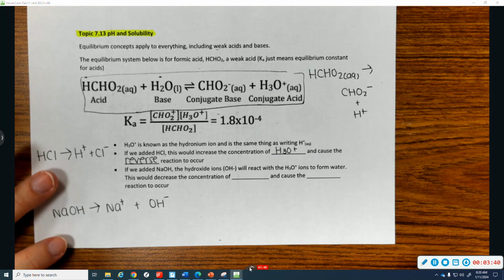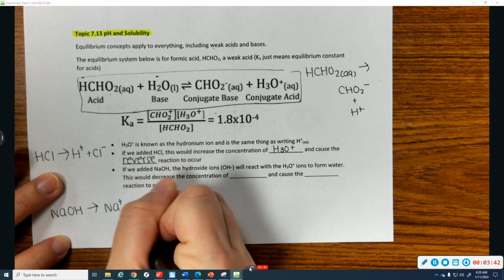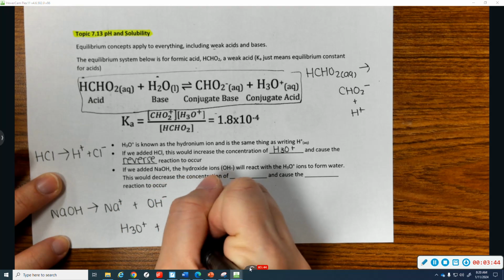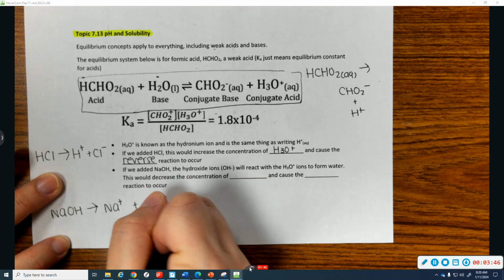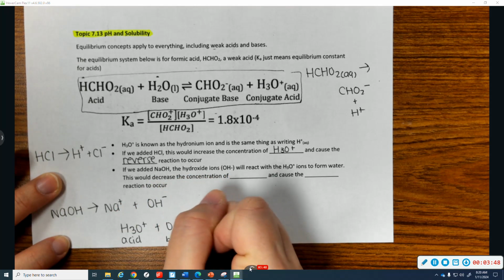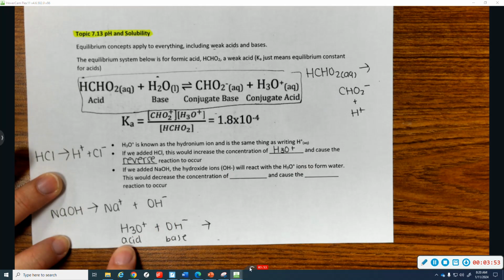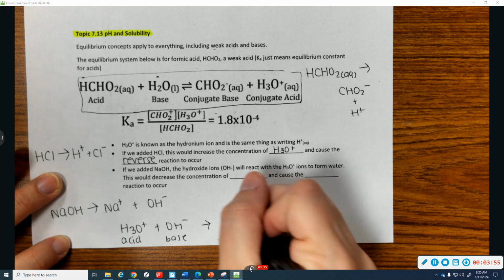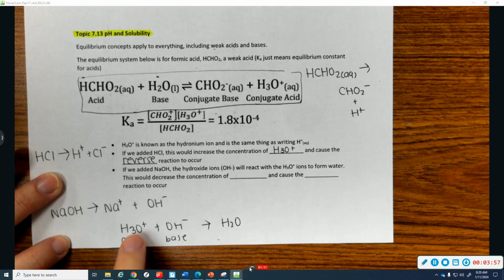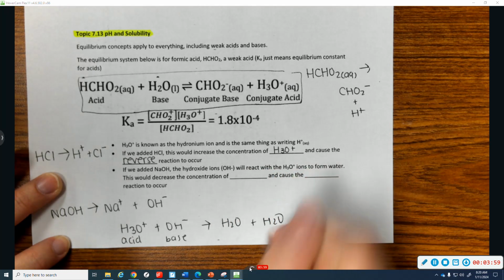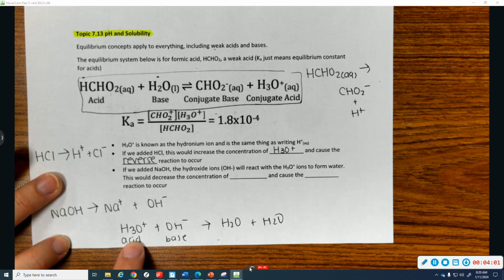And what happens when that is formed, I'll write it out down here. Hydronium plus hydroxide, that's my acid. Hydroxide's my base, and you just have to know those are acids and that's a base. And again, what do acids do? They get rid of hydrogen. So that will make water and water, because the hydronium will lose an H and form H2O. The base will take the H, which forms H2O.